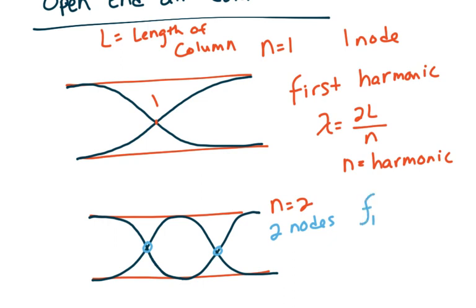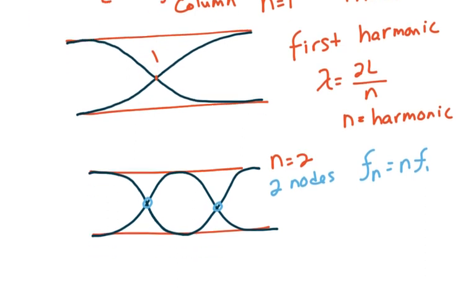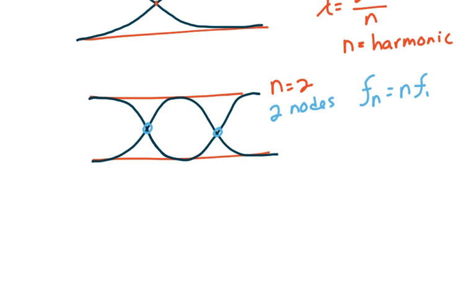The way the harmonic frequencies work is the exact same way that they worked before. I forgot my n in there. It's the harmonic number times that fundamental frequency, or the first harmonic. You can also get even and odd numbered harmonics here.